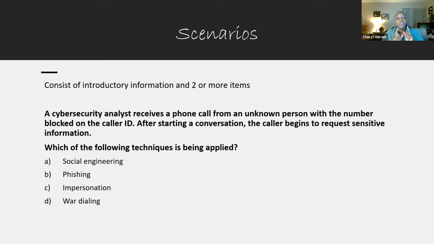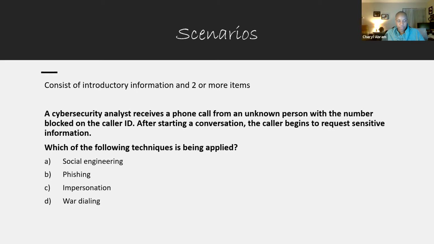Before you do anything, you have to know what that is. In this one, after starting a conversation, the caller begins to request sensitive information. There's a sequence of stuff happening here. Which of the following techniques is being applied?